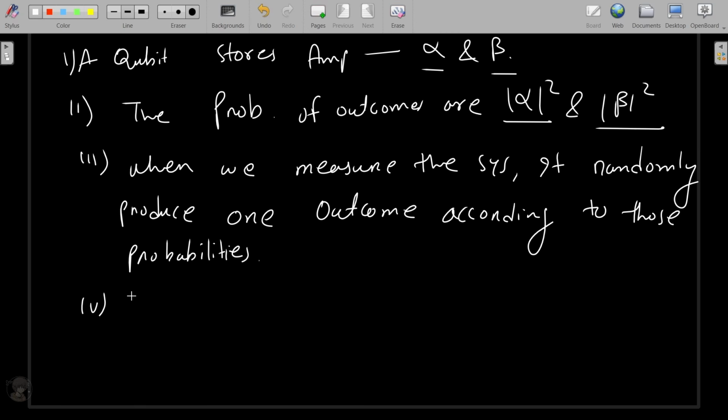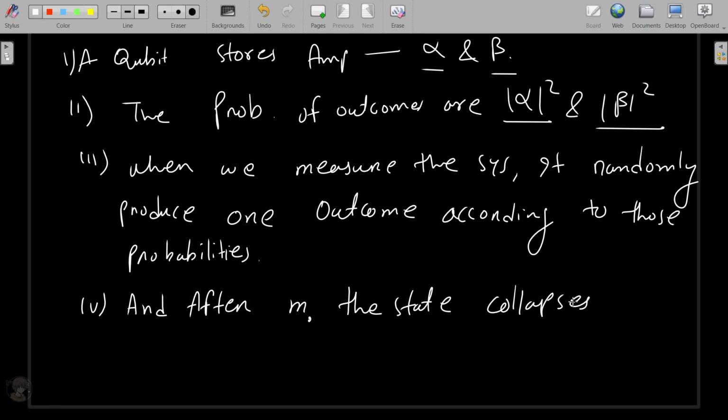The fourth point: after measurement, the state collapses to the observed result.